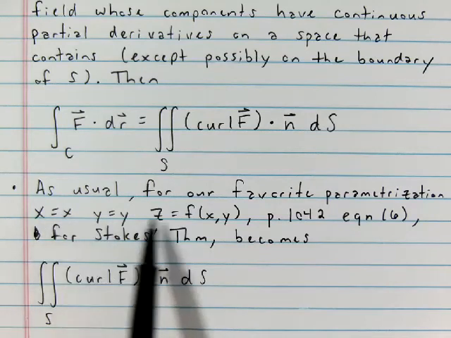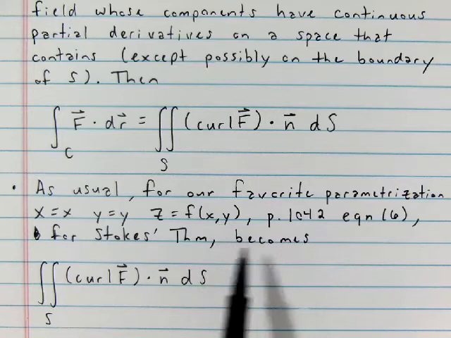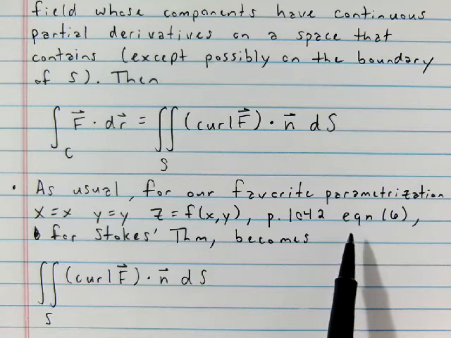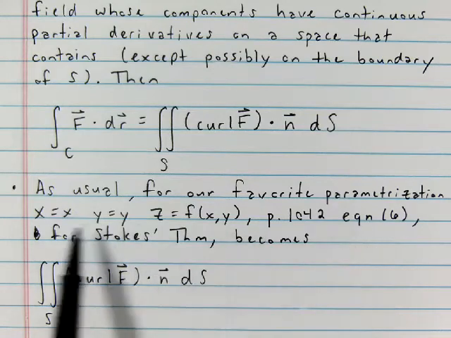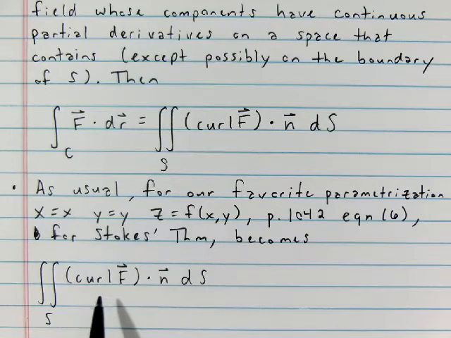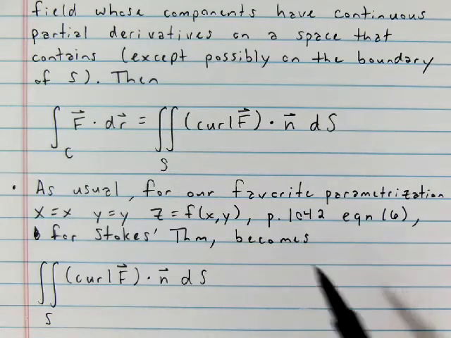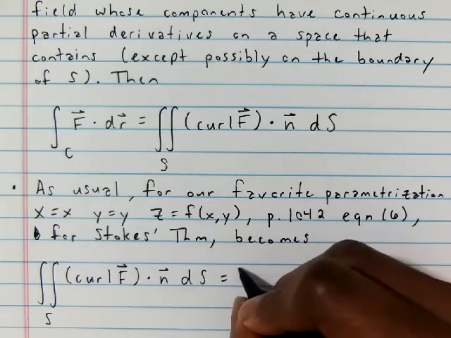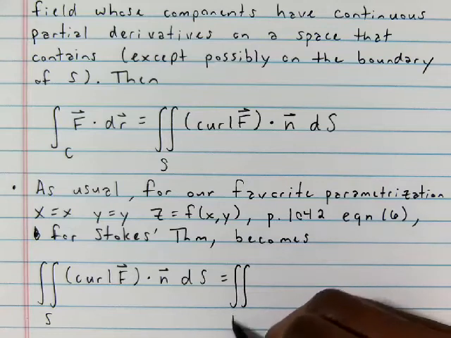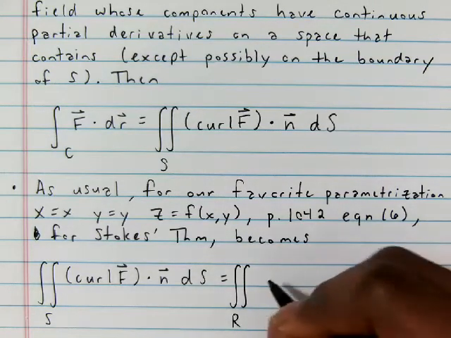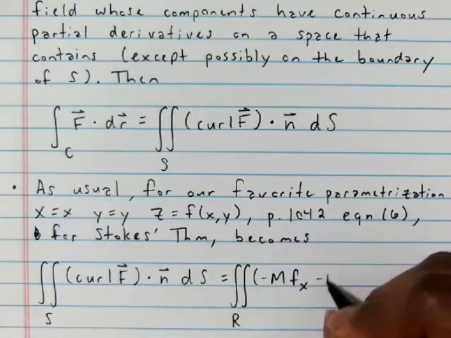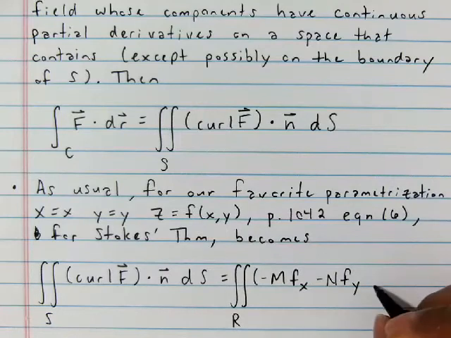So if we're able to parameterize the surface, because this equation 6 is actually in section 15.6, not in 15.7. But that equation works if you're using this parameterization and you're doing a surface integral of a vector field, then you can still use the formula which says that this is equal to the double integral over the region R of negative m times f sub x minus n times f sub y plus p dA.